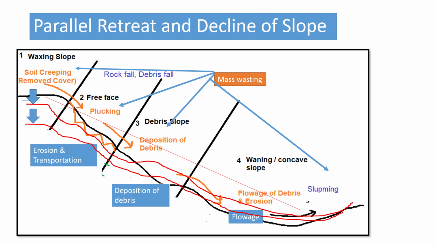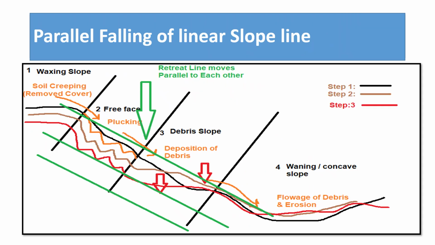If we identify that decreasing trend in a linear aspect, then the red line indicates the decline trend of the slope. Next, the black line, then the brown line. This shows the decline trend of the slope, which is nothing but the migration of slope via parallel retreat.